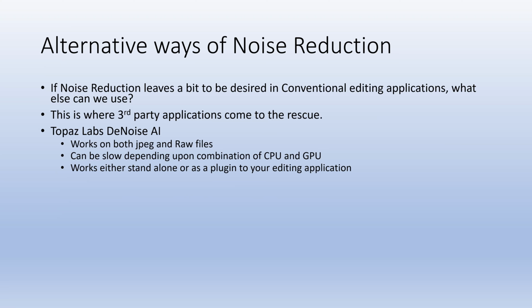I'm going to take my raw file, which is this one, and I'm just going to drag it and drop it into there. This is going to load the image, and it's going to pull up one of its AI noise reduction split views. That's what I want.